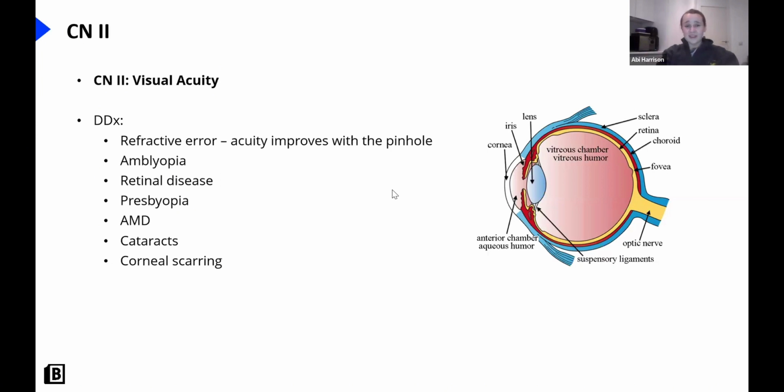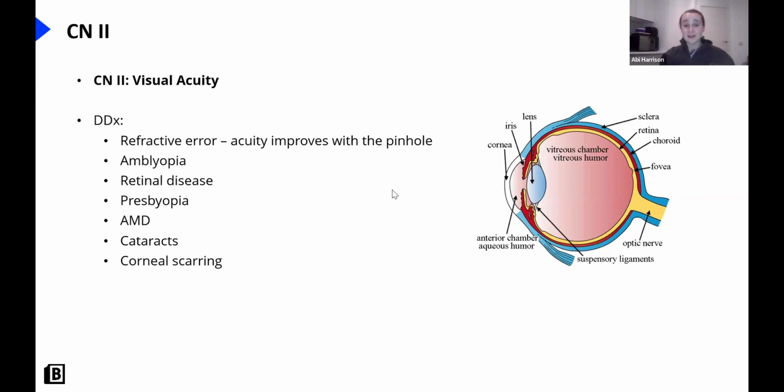Retinal disease is a general term, but again, it means that your eyes aren't detecting the light as they normally would, and you're not forming the images or the vision that you normally would. Presbyopia is really common with aging. It's a loss of elasticity of the lens, which causes difficulty focusing on near objects.